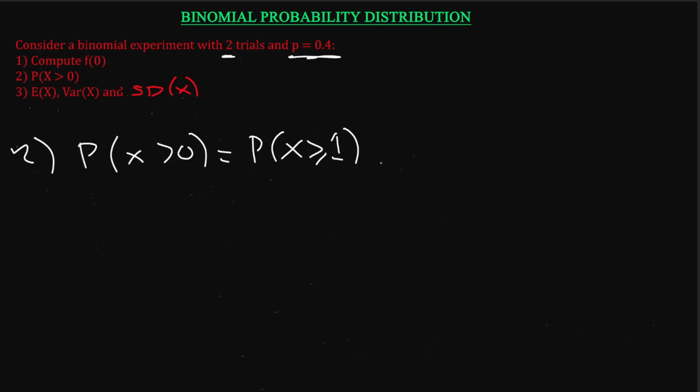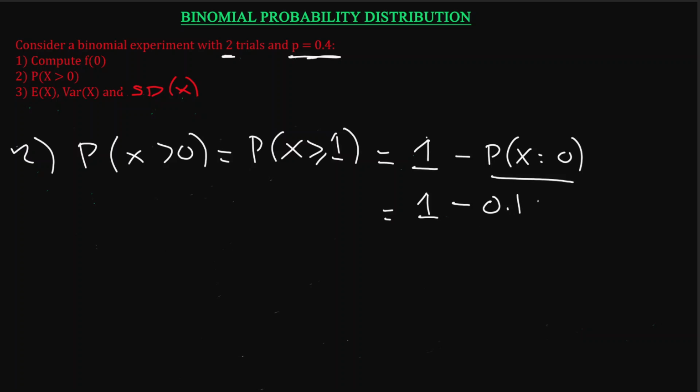So this is the same as 1 minus the probability x takes on a value of 0. We just calculated this probability, so the probability x is greater than 0 is 1 minus this probability, and that answer is 0.82.